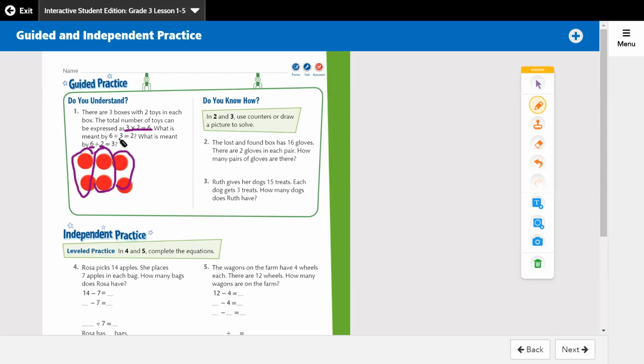Versus if you have groups of 3, then we would only need 2 groups. All right? So think of your division sign telling you put into groups of. All right? Keep that in mind as you're working.